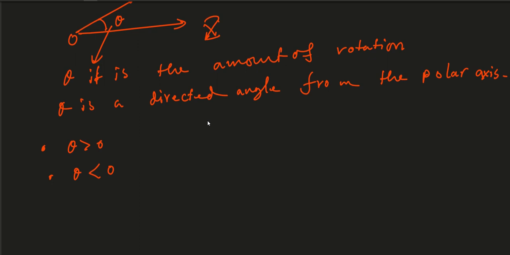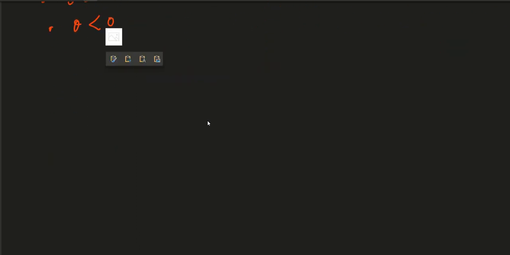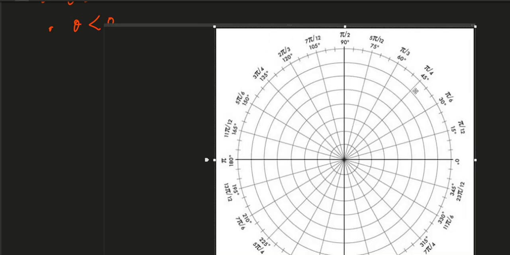Let's do some examples. Here I have a polar coordinate system. Let me increase the size. Let's say I have the graph here, and I have a few points. First point A: (3, pi over 4). We have to locate this point in this graph.